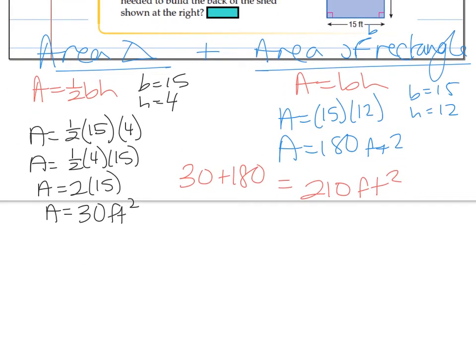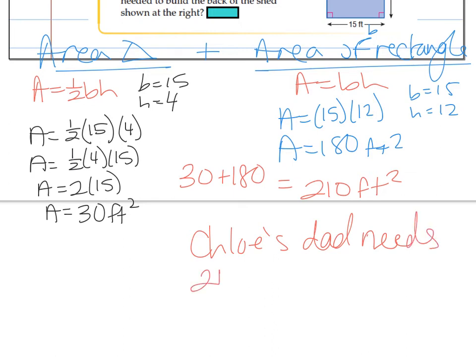So adding meaning, it would say that Chloe's dad needs 210 square feet of wood for the back of the shed.